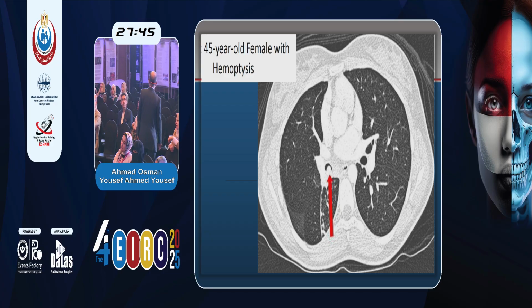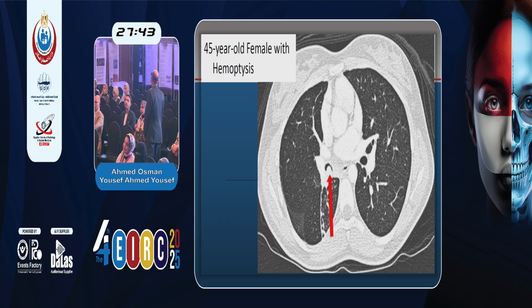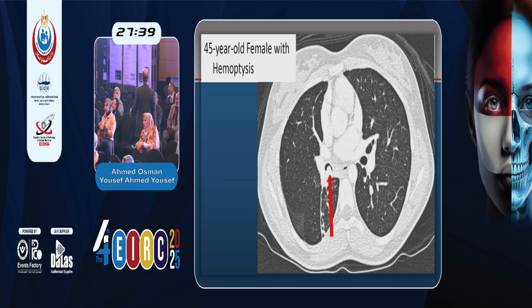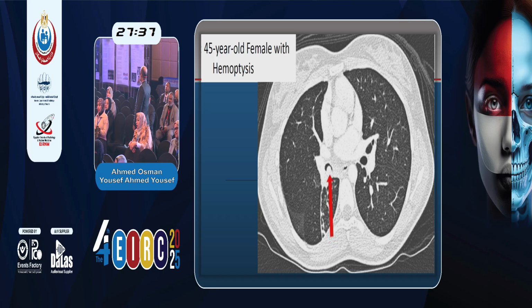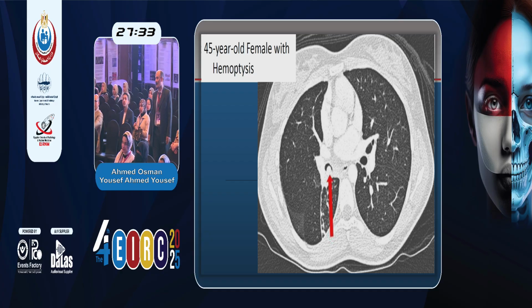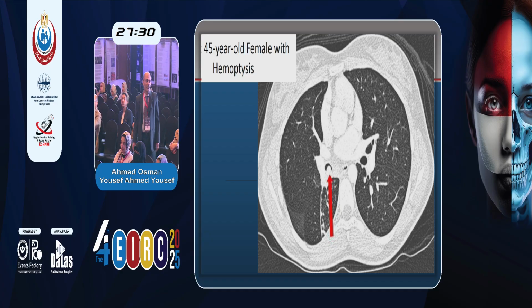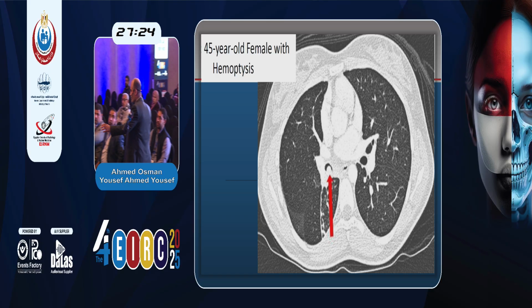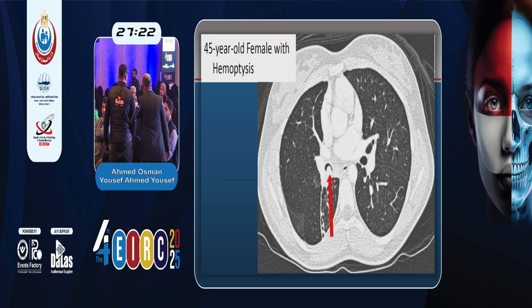It's already arrowed. The arrow is pointing to the lesion. Anyone want to share? Nothing tricky at all. Yes? Anyone?